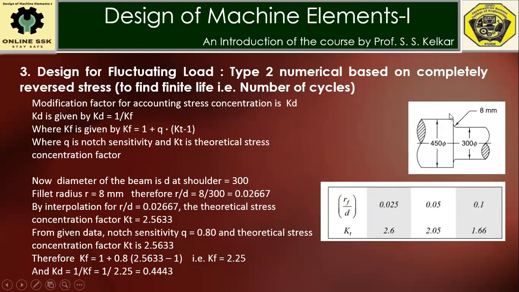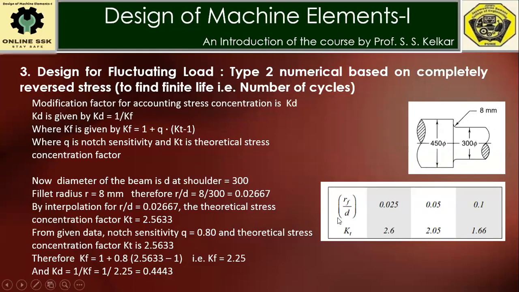The radius of the fillet r at the shoulder is 8 millimeter. So r upon d is 8 upon 300, which is 0.02667. But in this standard table, the value of Kt for r upon d equal to 0.02667 is not specified.